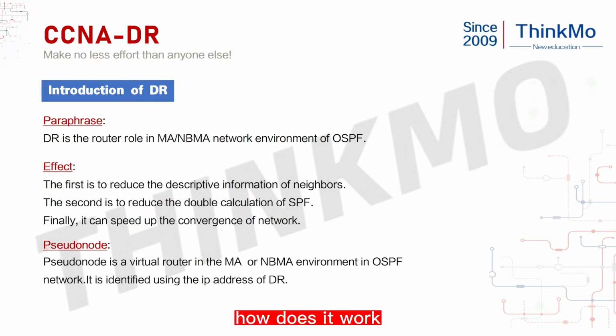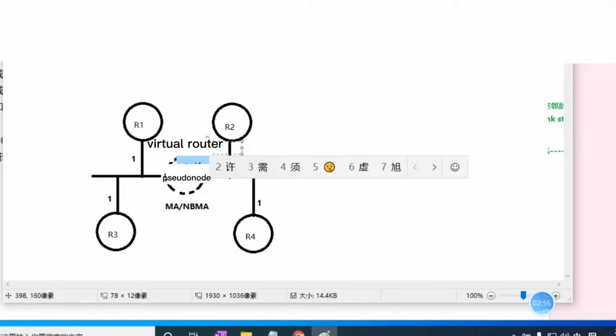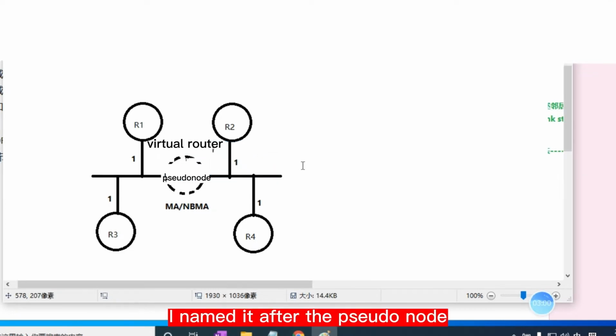How does it work? Let's look at this graph. Under normal circumstances, R1, R2, R3, and R4 are on a shared link. Now let's look at the second picture. In this picture, we see that in this shared link there's an extra router. I named it the pseudo-node.